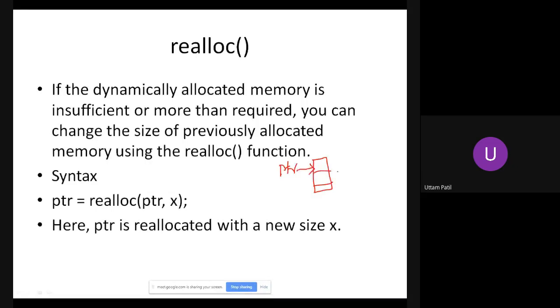Let's say you had memory allocated for three integers. Now you want to change the size to 5 or 6, something different from 3. The argument we pass to realloc is this pointer.